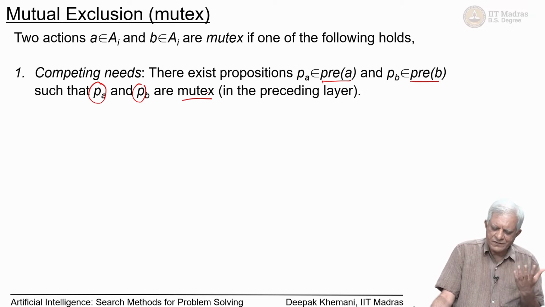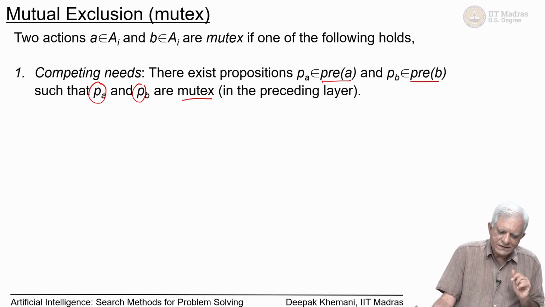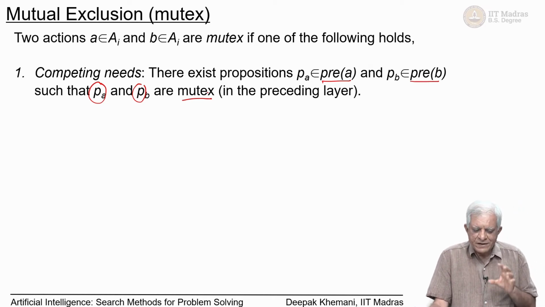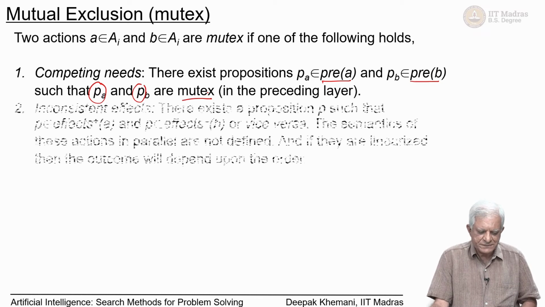An example of two propositions which are mutex is holding C and on table C; both cannot be true at the same time. If action A depends on holding C and action B depends on on table C, then clearly action A and action B cannot happen at the same time, so they will also be mutex. So the first condition for mutex is that they have competing needs: they have propositions which are mutex as preconditions.